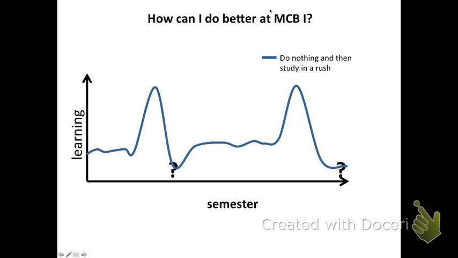You learn a little bit, then something is happening and you study and study and study. Then you're not doing anything, then you work a little bit and then study a lot. So what are these question marks for? Exams, right? This is the typical curve we see a lot with people studying for MCB.